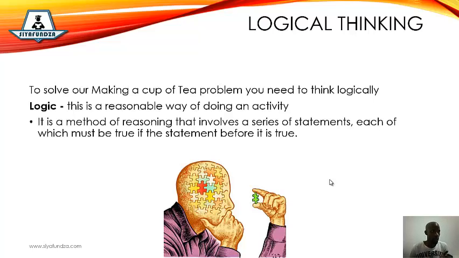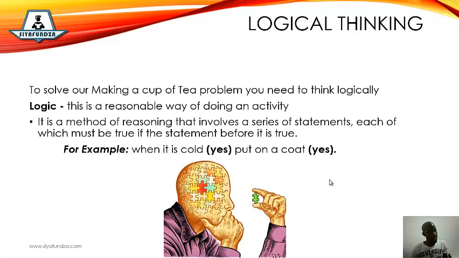This can get a little bit confusing, but just to simplify it, an example is that if my previous statement is 'when it is cold' and this statement is true, yes, then my next step should be 'put on a coat', which is also true, meaning that now it's logical. It's moving from one step to another because it makes sense for me to wear a coat because it is actually cold. My first statement is 'is it cold?' and then my next statement is 'wear a coat'.